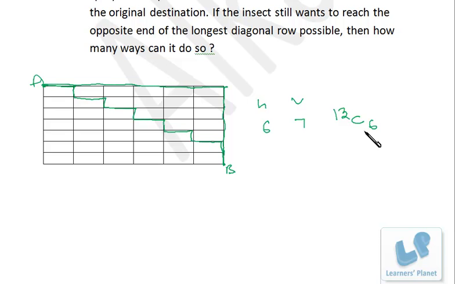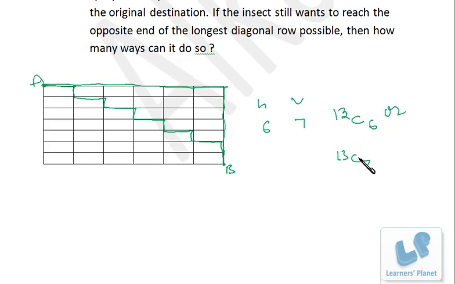So your final answer for the number of ways from A to B will be 13C6, right? You are selecting 6 horizontal steps, so the corresponding vertical steps will automatically be selected. Or you can select 7 vertical steps, so the 6 horizontal steps will be correspondingly selected automatically, right?